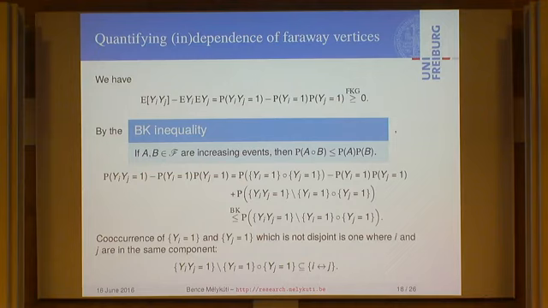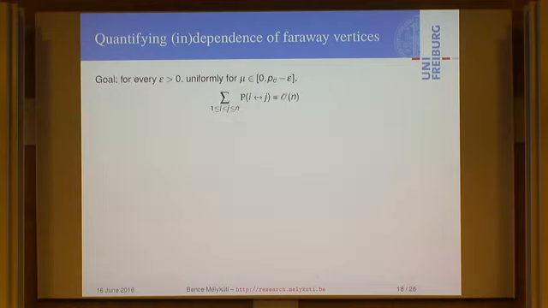So what I'm left with is the joint co-occurrence of this and this event. The co-occurrence of these, which is joint and not disjoint, is one where i and j are in the same component, where i and j are connected with each other. And so what I end up having to prove is this statement.